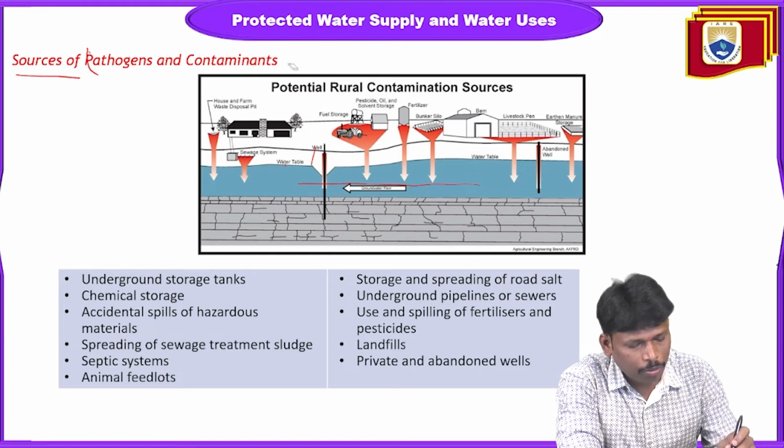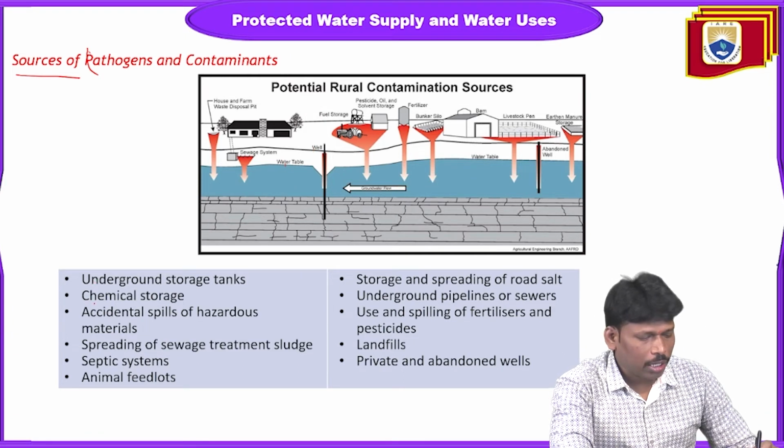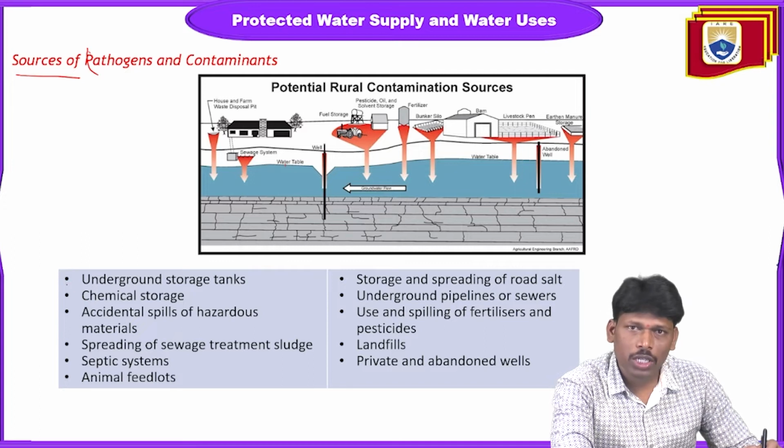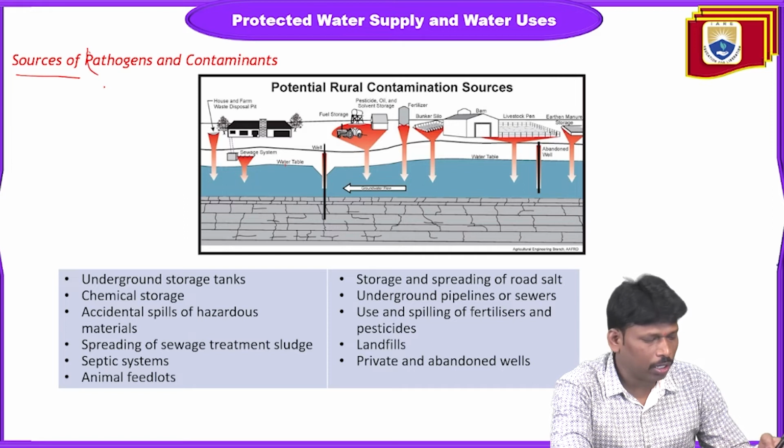Those sources making the water contaminated are underground tanks, chemical storage, and construction of underground storage tanks. Chemical storage is also one of the sources of these pathogens and contaminants, as are accidental spills of hazardous materials.